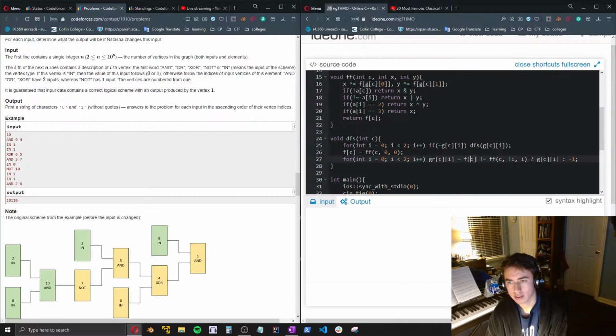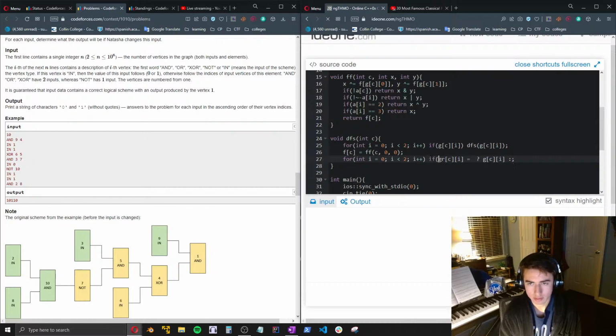Yeah, okay. Now we say f of c is not equal to f. So now we're saying, when we flip this children, is it different? If so, let's just do this. So now here's where we're setting the edge as existing.